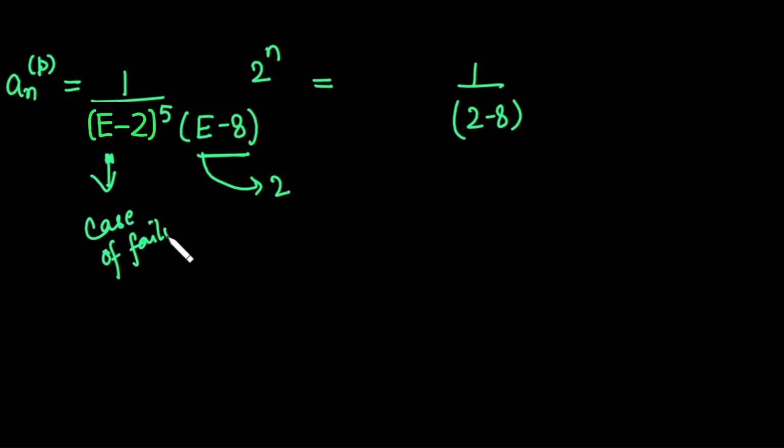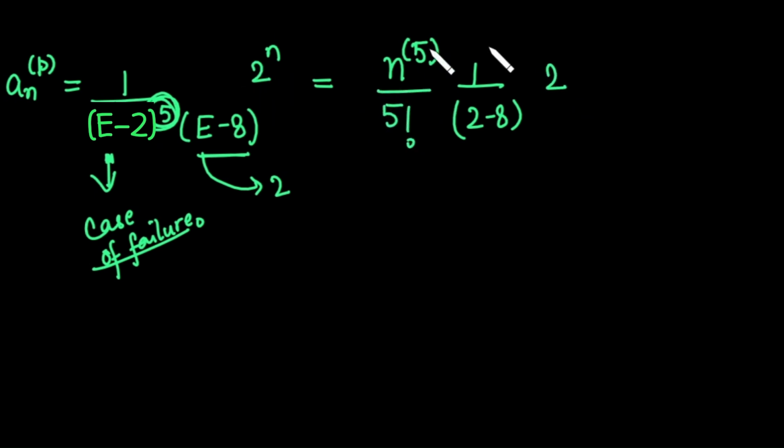For the case of failure, we need to take the powers. As we can observe here, 2 is occurring 5 times. So we need to pick this power. According to this, we need to take the factorial polynomial 5 by 5 factorial, and the change in this case is n minus 5.